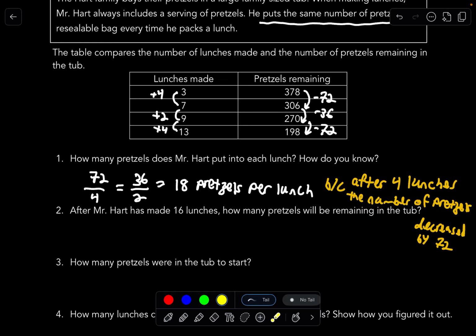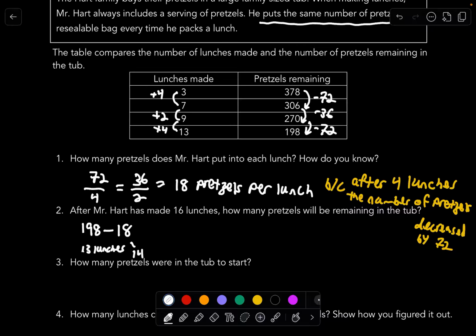by 36. After Mr. Hart has made 16 lunches, how many pretzels will be remaining in the tub? Well, we know at 13 lunches, he had 198. So that's 13 lunches. So each time he makes a lunch, he loses 18.